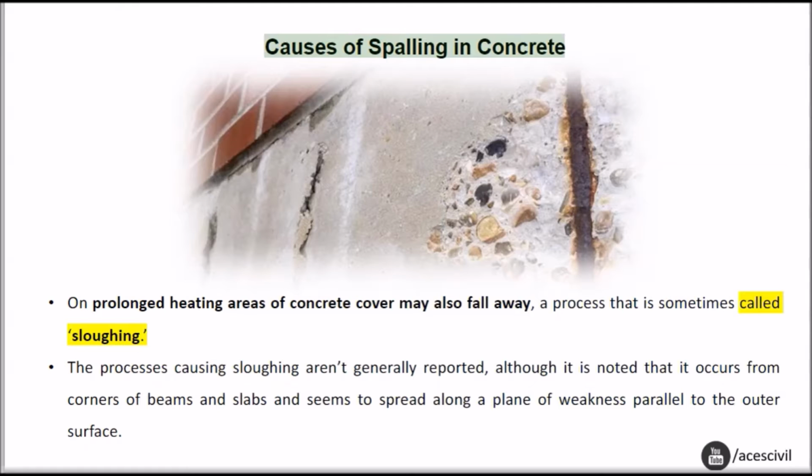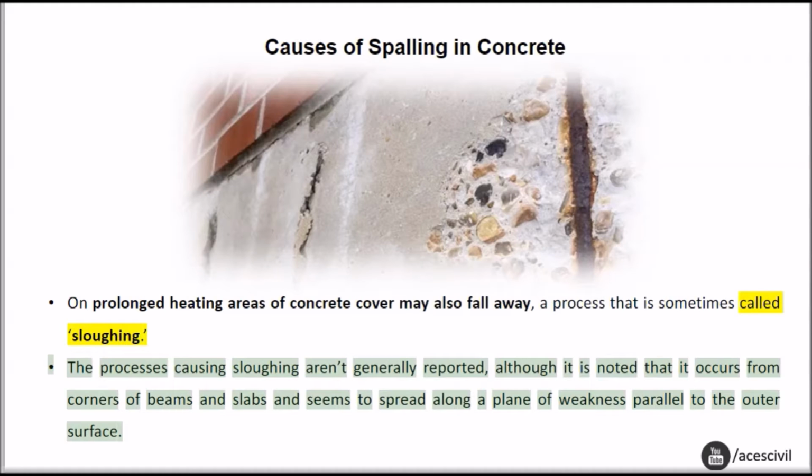Causes of spalling in concrete. On prolonged heating, areas of concrete cover may also fall away, a process that is sometimes called sloughing.